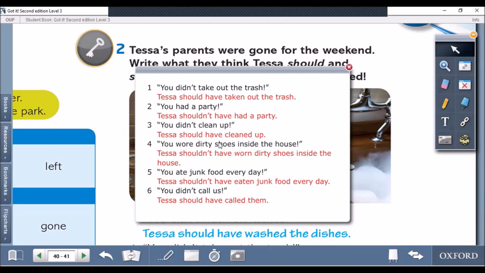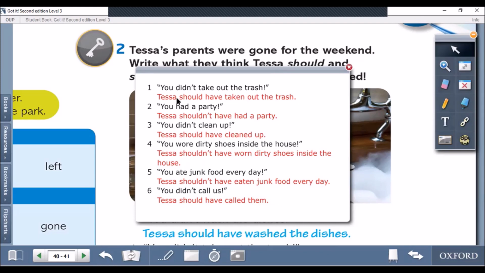You wore dirty shoes inside the house. Tessa shouldn't have worn the dirty shoes inside the house. You ate junk food every day. Comiste comida chatarra todos los días. Tessa shouldn't have eaten junk food every day. And finally, you didn't call us. Tessa should have called them.